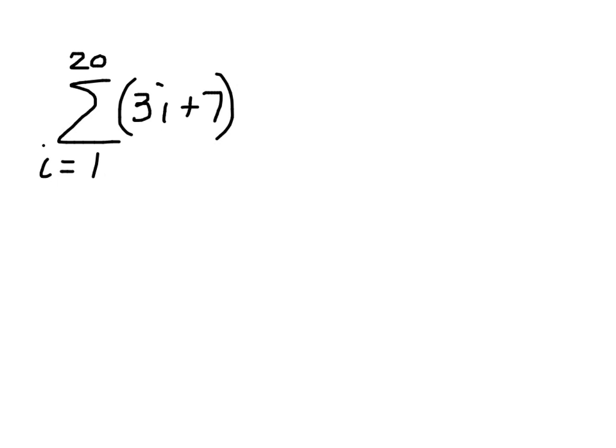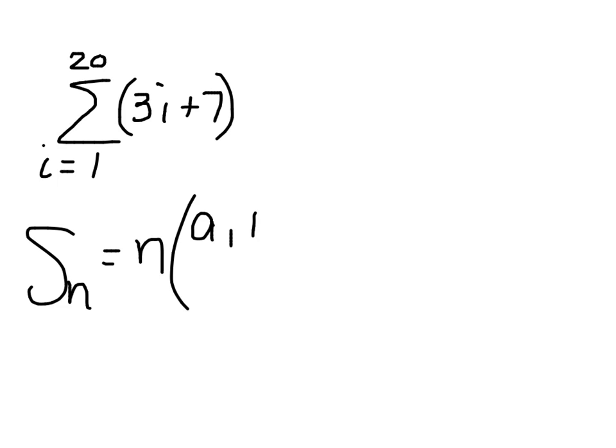As long as it's arithmetic, which this one is, the shortcut formula looks like this. S sub n equals n times (a1 plus an) divided by 2. It doesn't look necessarily like a shortcut, but trust me, it is. Because the alternative is you have to do all 20 terms and then add them together.